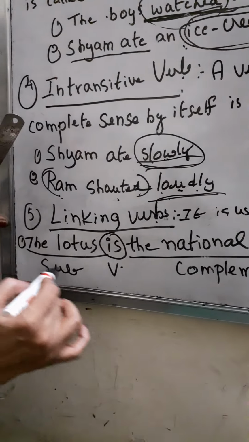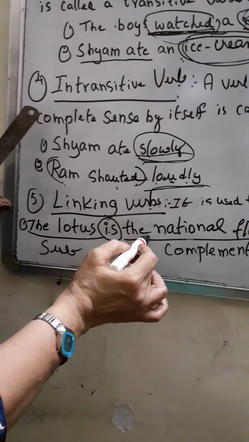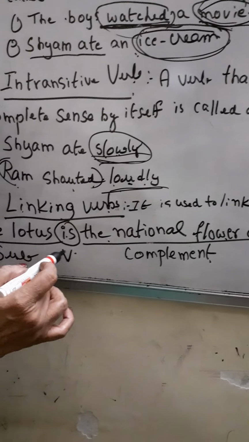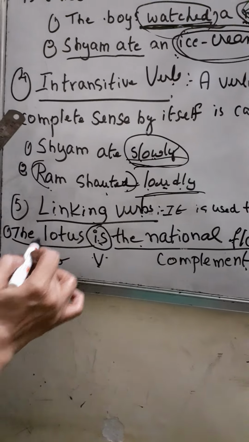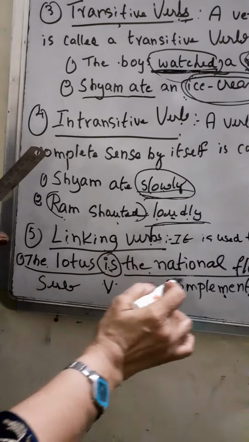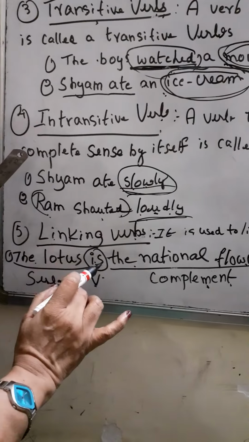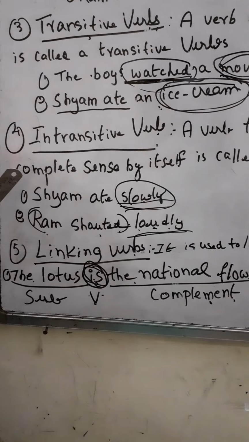Here, the lotus is subject, is is verb, the national flower of India is complement. Here, the verb links the subject to the complement. If you say the lotus, the national flower of India, it won't make any sense. The lotus is, that is why it is known as linking verb.